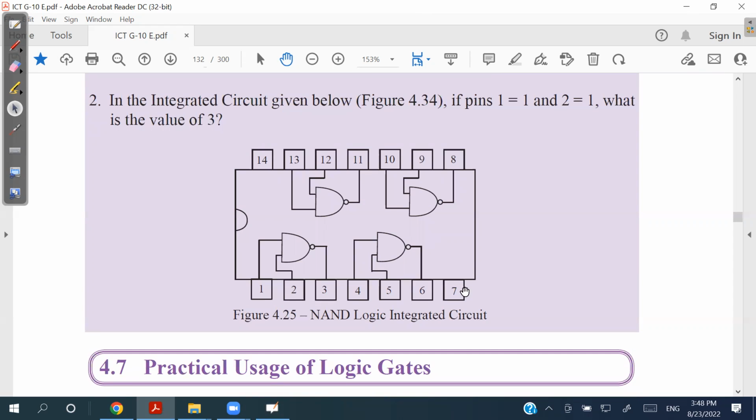Okay, people, tell me the answer for this. Yes, what's going to be the answer for this? 0. We'll see, we'll see.